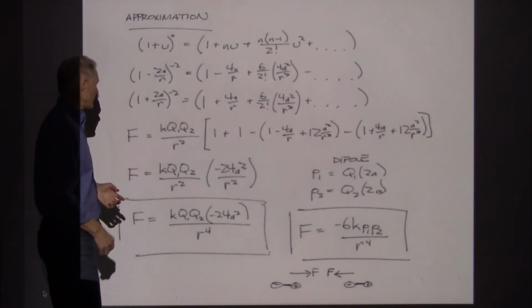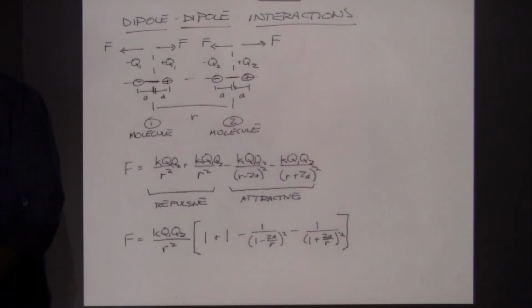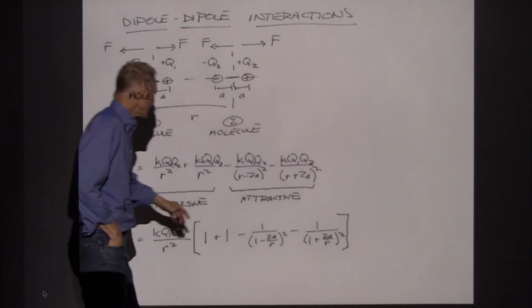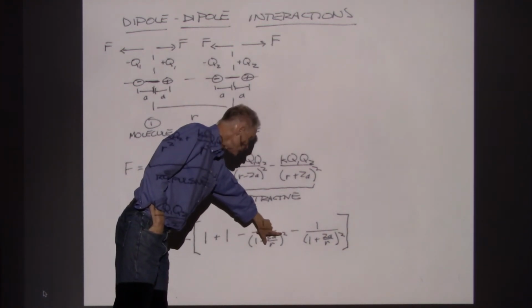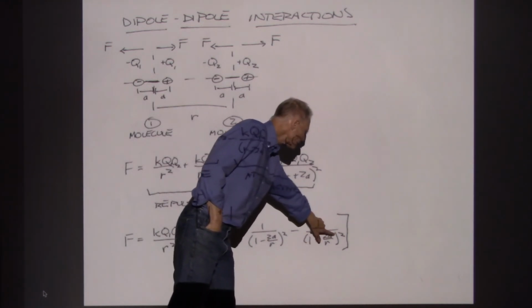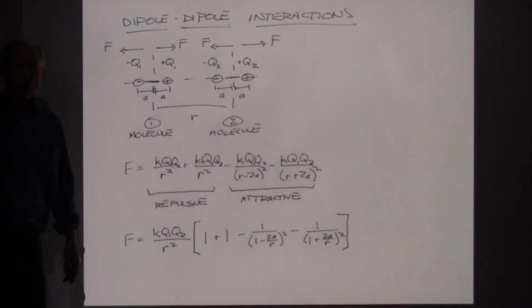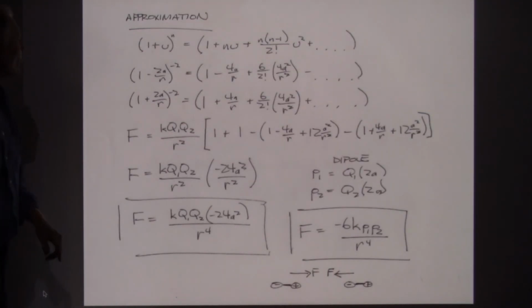Now if we go back to the problem just before, what we've got are (1 minus 2a over r) to the minus 2 power, and (1 plus 2a over r) also to the minus 2 power. I want to expand those. The current algebra that we have here is kind of difficult to work with.